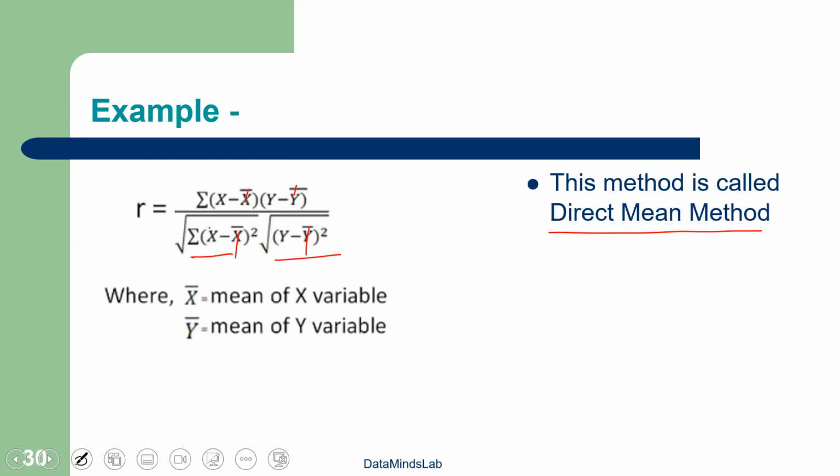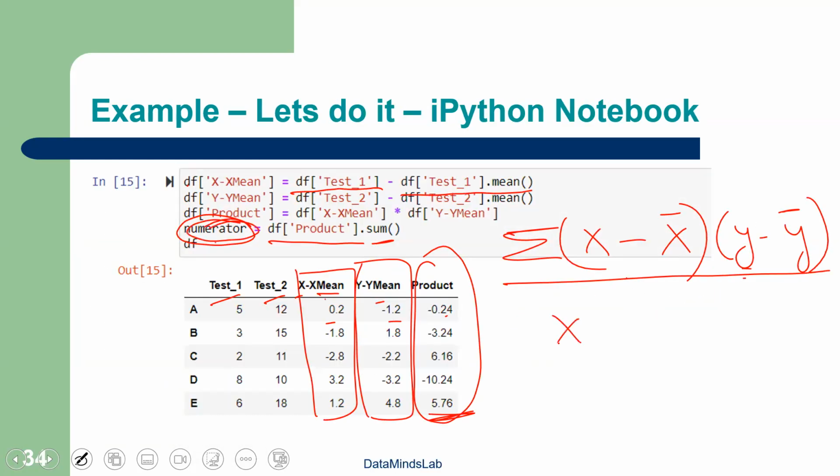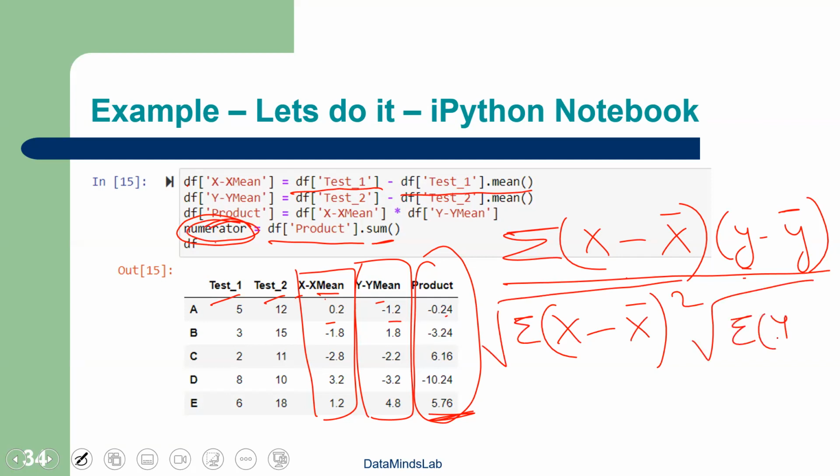Let's go back again. x minus x bar whole square, take the summation. This is under the square root. Similarly for y minus y bar whole square, this is for y. Now let's check what my denominator will be.